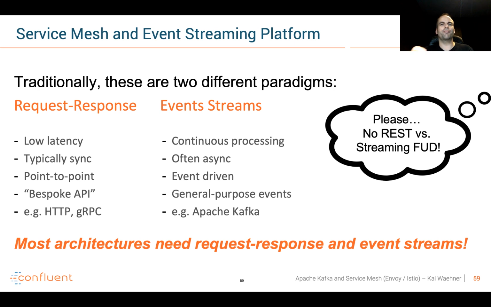Like with Kafka in the middle, you have a decoupling of systems, and it doesn't matter if your clients, like producers or consumers, stream the data or do a request response to it. Both is totally fine and is battle tested and proven and works very well. Right? So in the end, in most architectures in today's world, you need both request response and event streaming. So I don't want to start this kind of FUD about REST versus streaming.